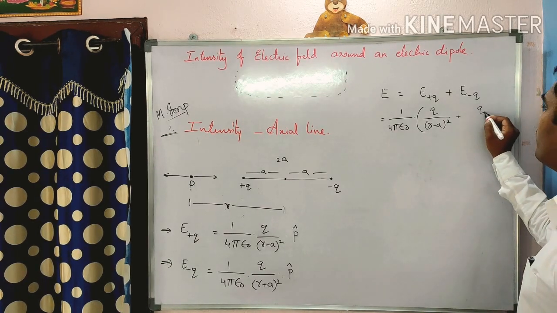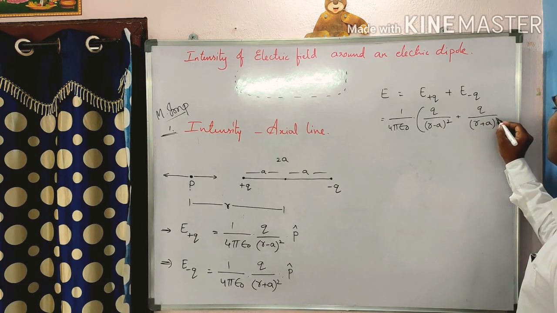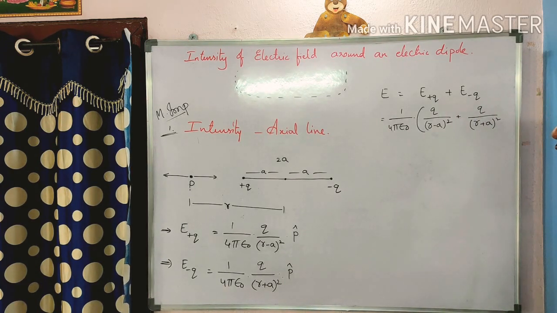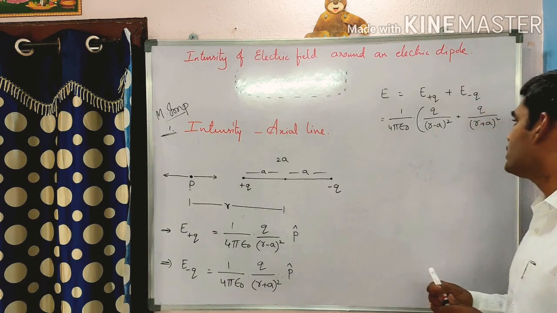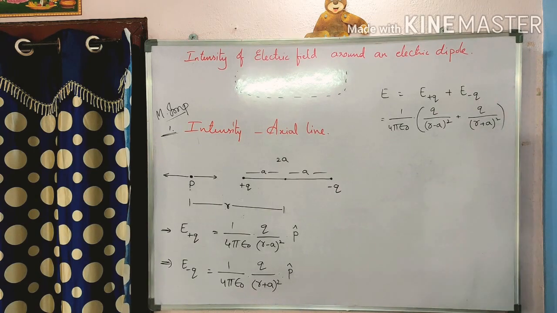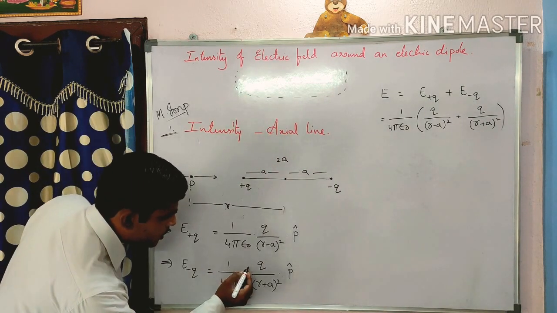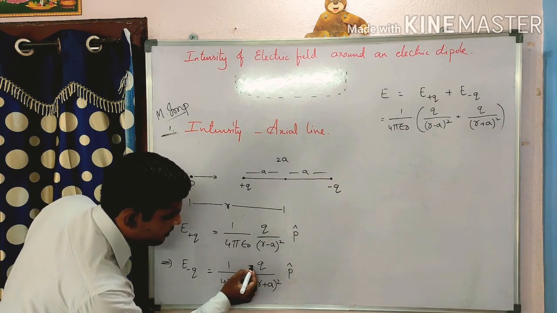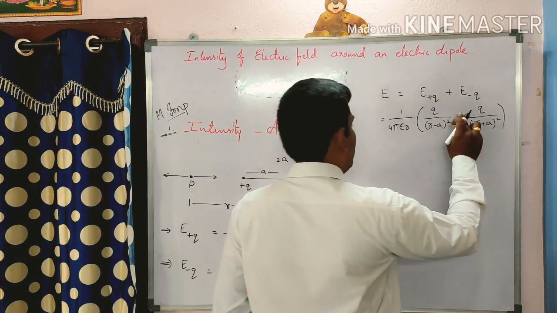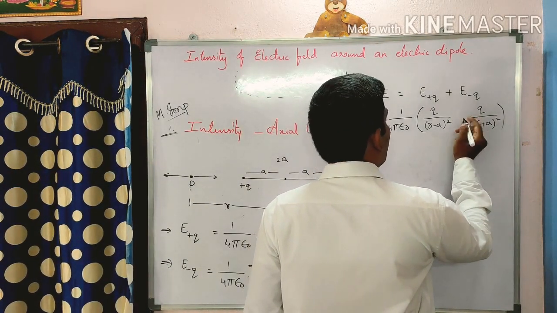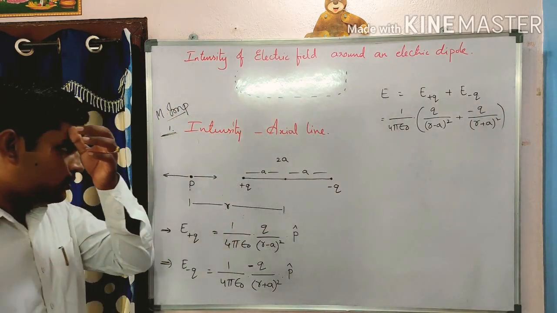Plus Q by (R plus a) whole square. And here one more thing, sorry. E minus Q is due to the negative charge, no? So the magnitude is negative. This is minus Q, this is plus Q. So here I will write minus Q by (R plus a) whole square.